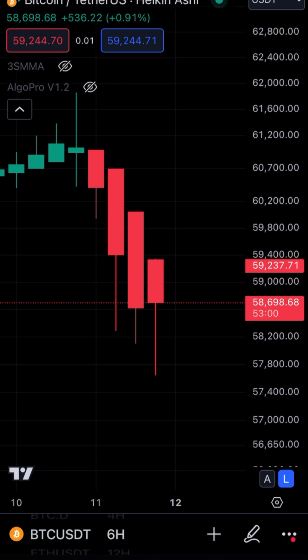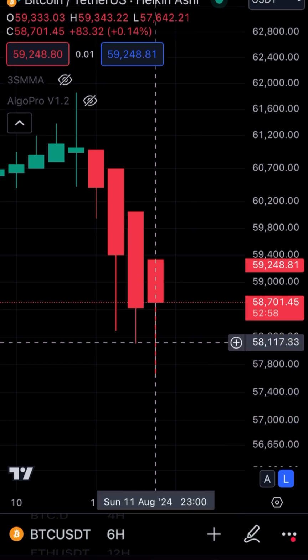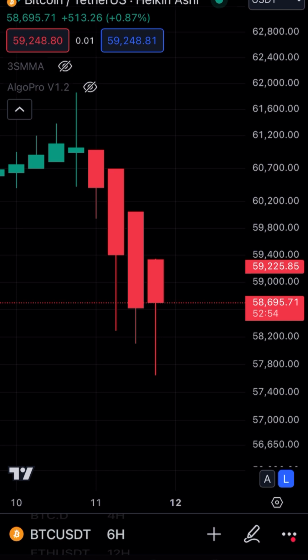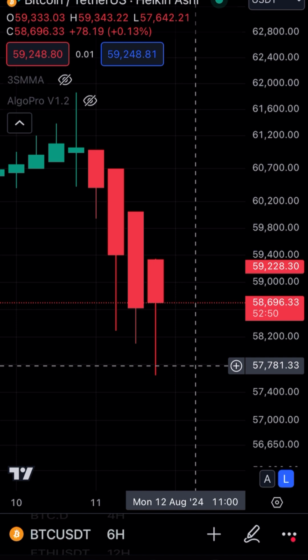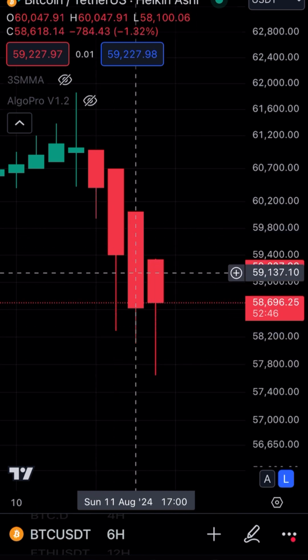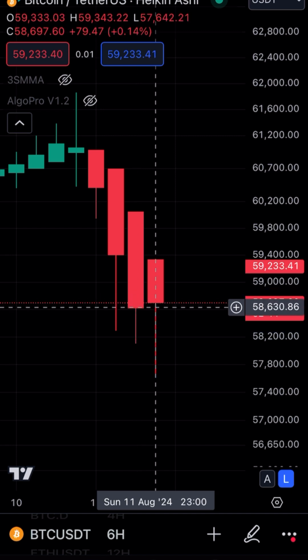It's trying to bounce. You can tell because the wick on this one is getting a little bit bigger. Just by observing this right now, you can tell the bulls are trying to take control, because you're slowly seeing more and more of the wick on the bottom.